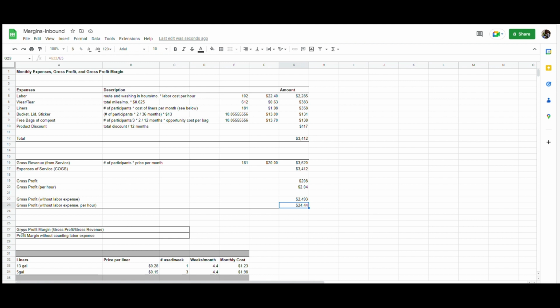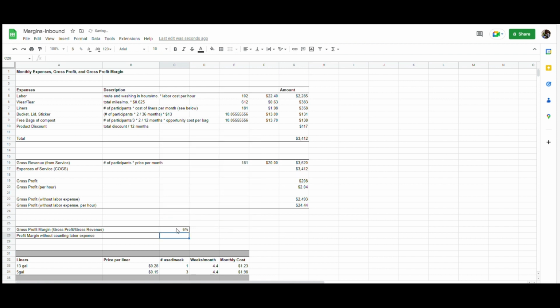Now, the gross profit margin, okay, is actually a very straightforward calculation. We take the gross profit, which we found right here, and we divide it by the gross revenue, which is everything that we're getting from our customers. So gross profit was, that's equal G19, and we divide it by G16.